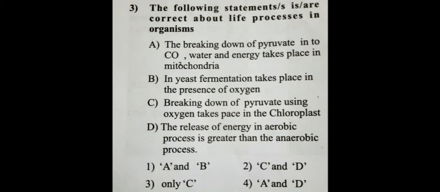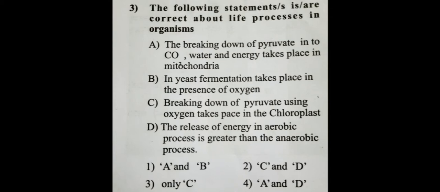Third question: which of the following statements are correct about life processes in organisms? A. The breaking down of pyruvate into carbon dioxide, water, and energy takes place in mitochondria. B. In yeast, fermentation takes place in the presence of oxygen. C. Breaking down of pyruvate using oxygen takes place in the chloroplast.